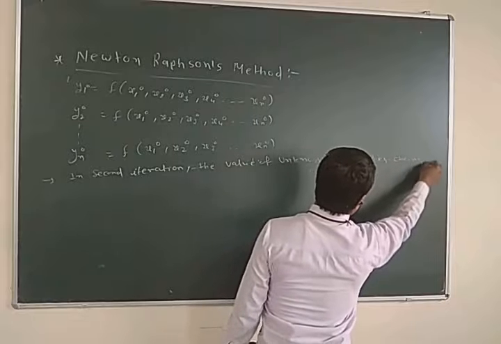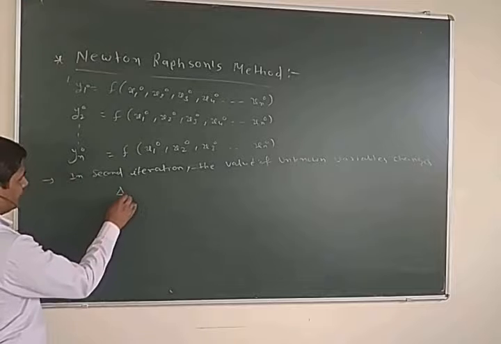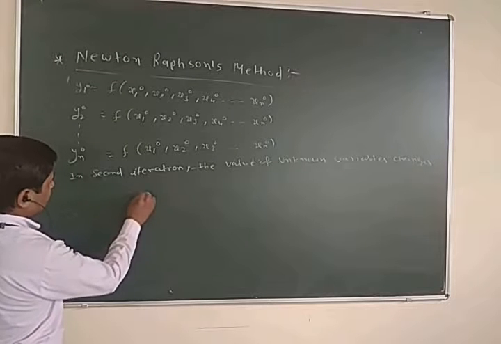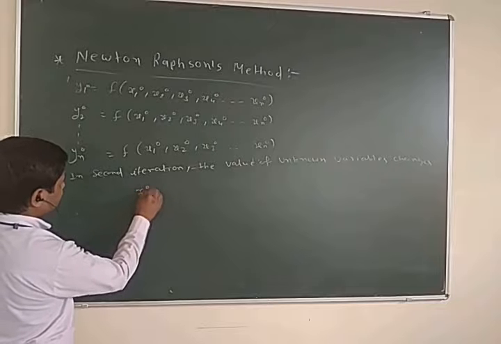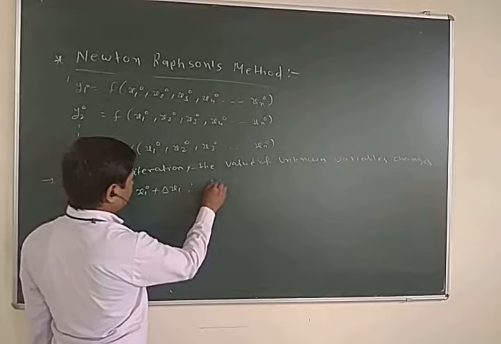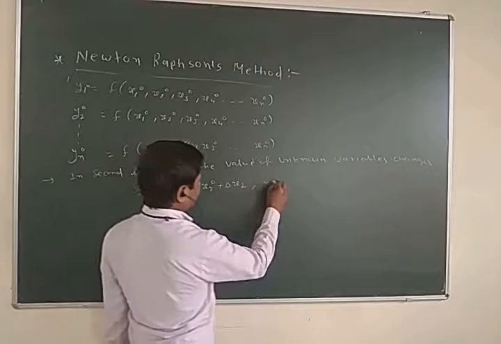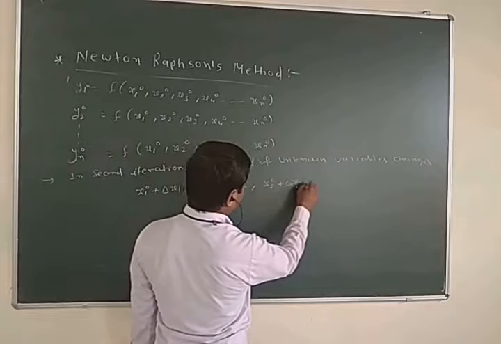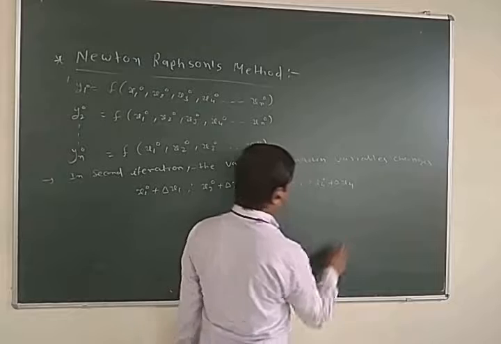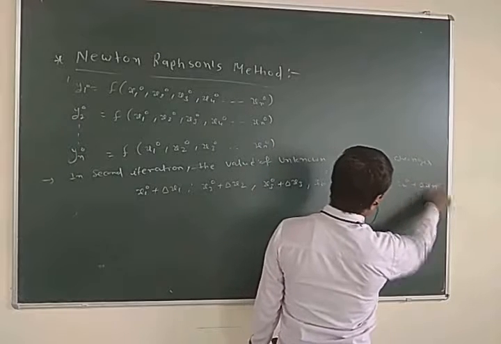So change is x1 is equal to x1 0 plus del x1, x2 0 plus del x2, x3 0 plus del x3, x4 0 plus del x4, xn 0 plus del xn.